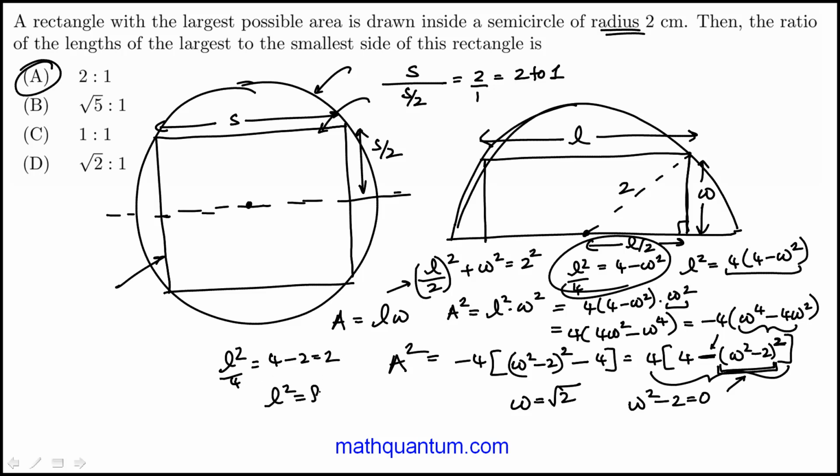L² is 8, so L is 2 root 2. And now if you find the ratio L to W, 2 root 2 over root 2, which is indeed 2 to 1. So this is how I would do it if I couldn't use calculus, just by completing the square and maximizing this area function.